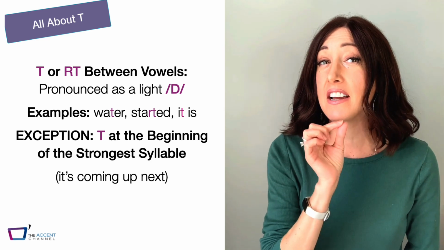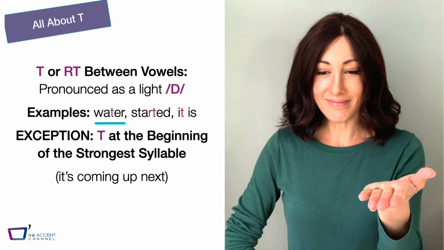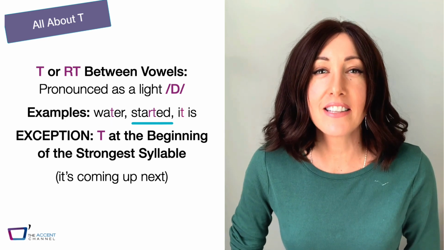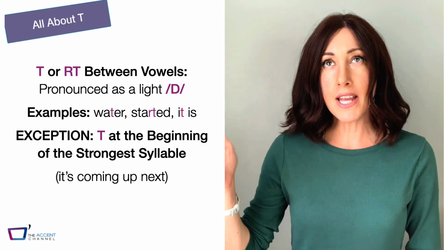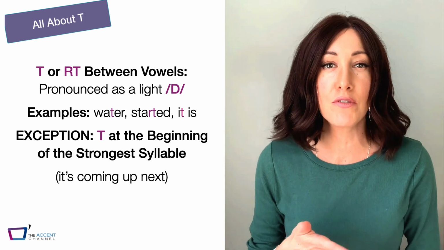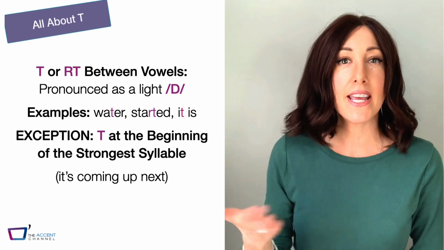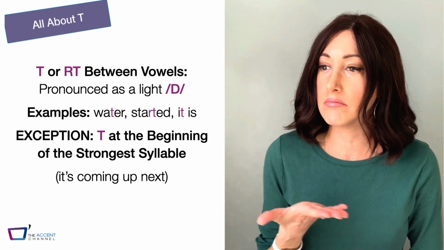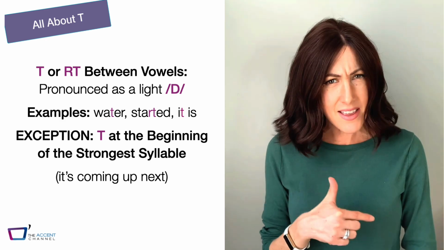So you're going to find that the sound. Water. Started. It is. Now this only happens in a phrase if you're connecting the words. If you decided to pause for some reason, in the phrase it is, for example, oh, right. It is.